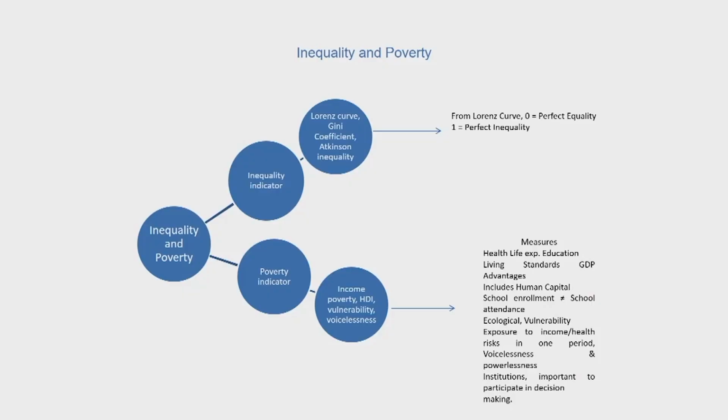Let us look at this slide here. When we are examining the issue of poverty, we come across various poverty indicators. Some of them being, say, the Human Development Index, or various other poverty indicators with respect to vulnerability, income, voicelessness, and so on.